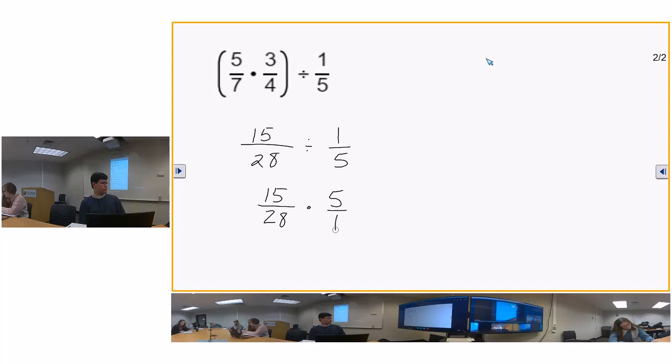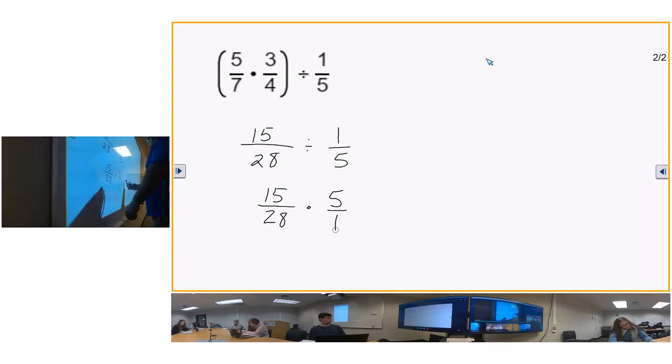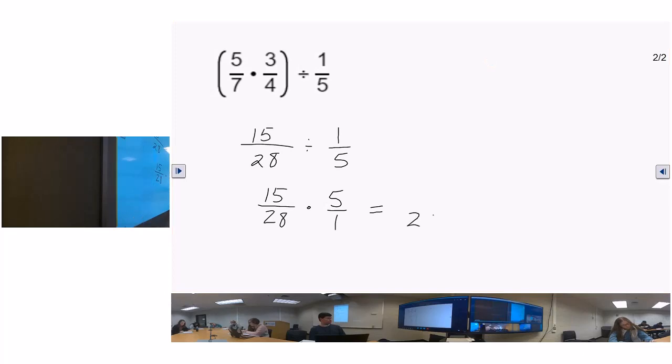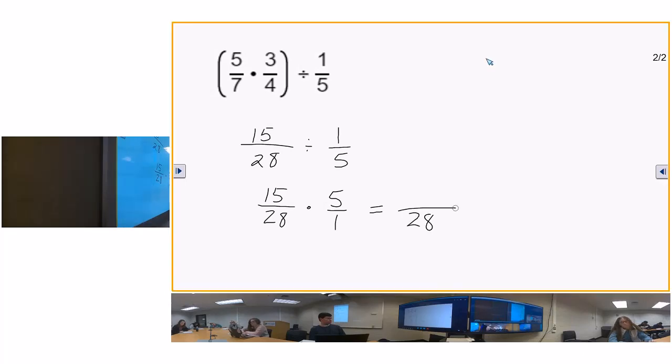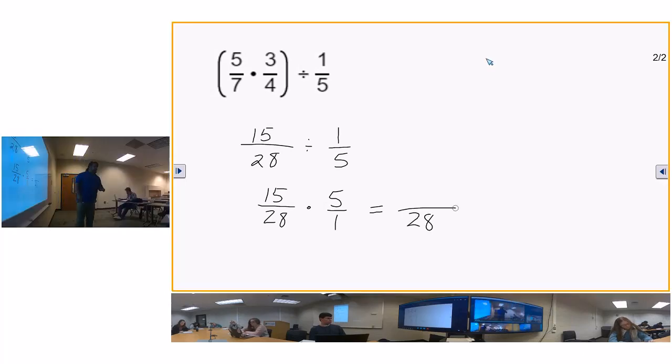I'll do the bottom for y'all. 28 times 1 is 28. Now, what's 5 times 15? 75. And you're done. You got to turn it into a mixed number? No, you don't. Do you see a unit of measurement?